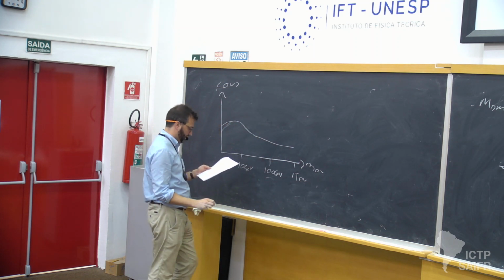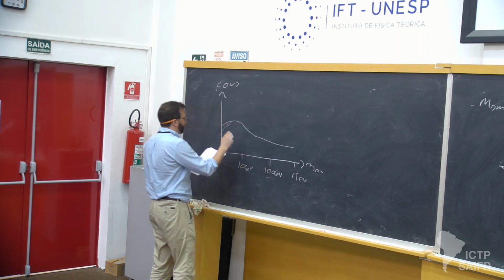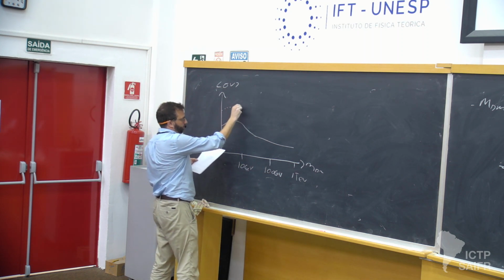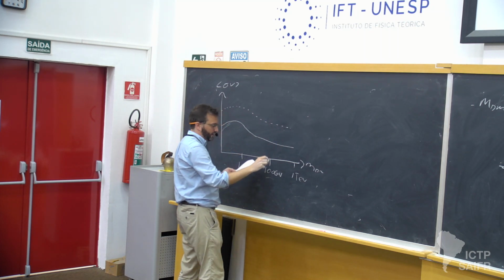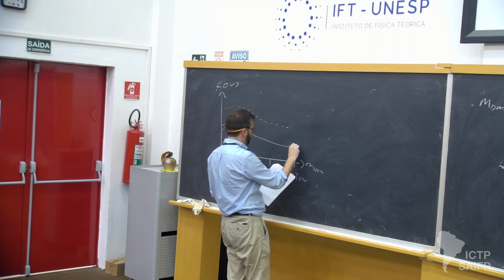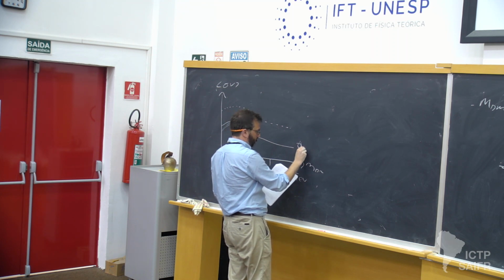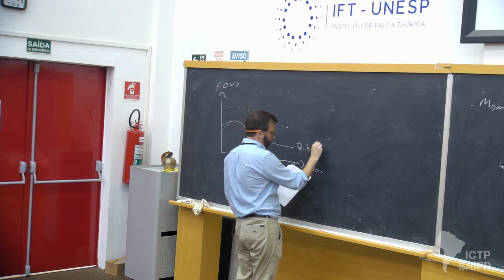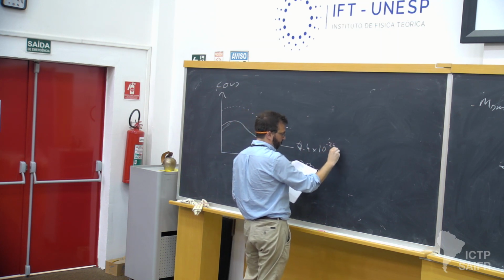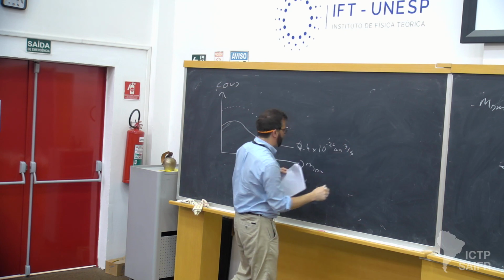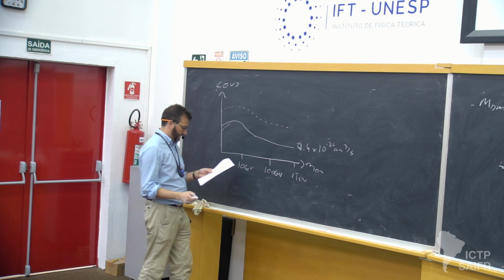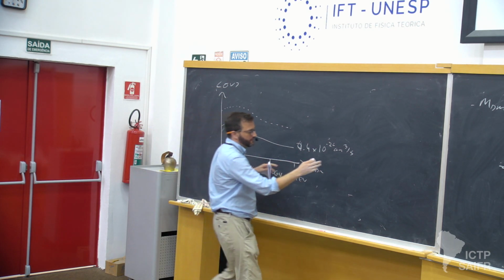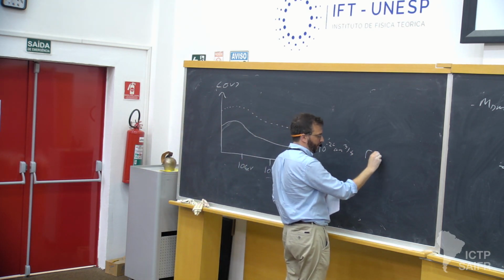And this value here is like 4.4 times 10 to the minus 26 centimeters cubed per second, because we have both particle and antiparticle distinguishable. And this is symmetric dark matter with R infinity equals 1.